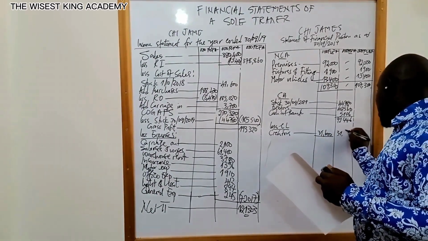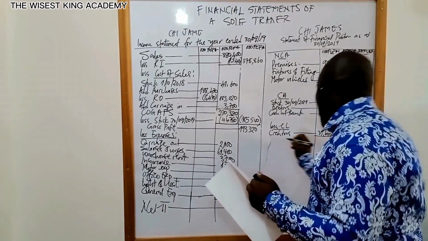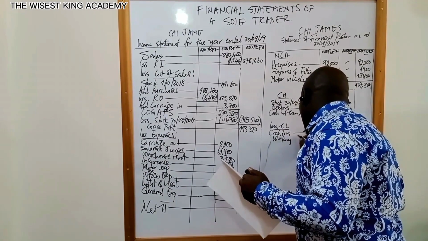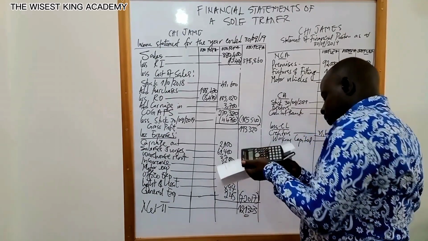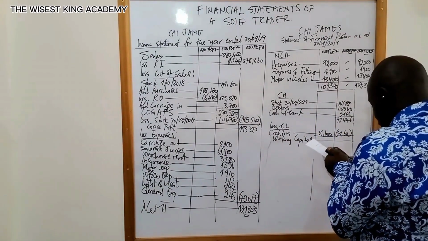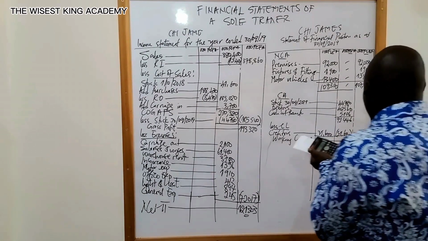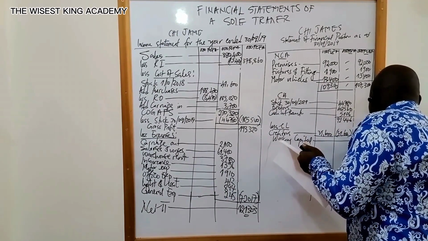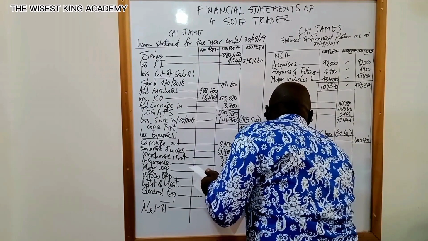The difference between current assets and current liability is called working capital, which I'll take to my last column. So 92,446 minus 31,600 gives me 60,846, which when I add, gives what I call capital employed.